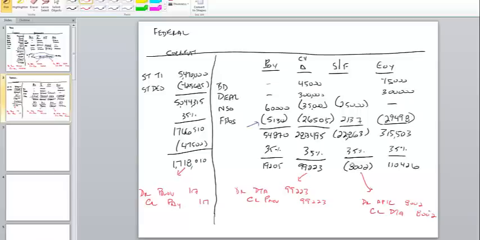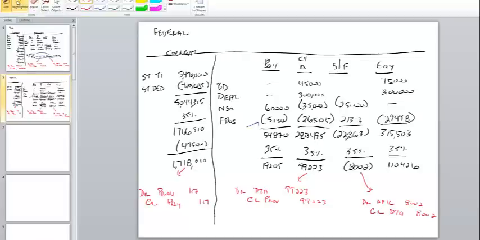Okay, so if I add up my provision of 1,718,010, that's my current provision, and my deferred provision was a benefit of 99,223. That should give me a total provision of 1,618,787.